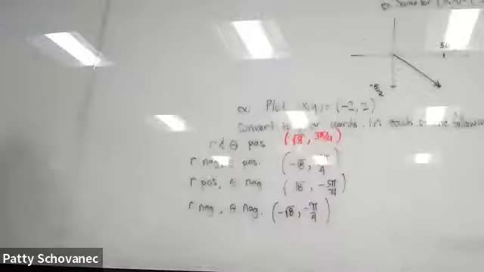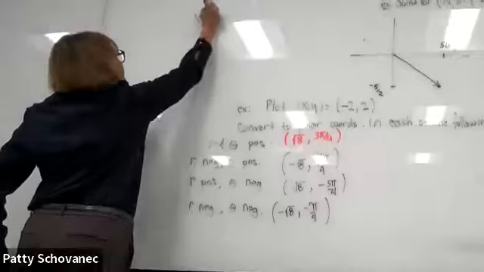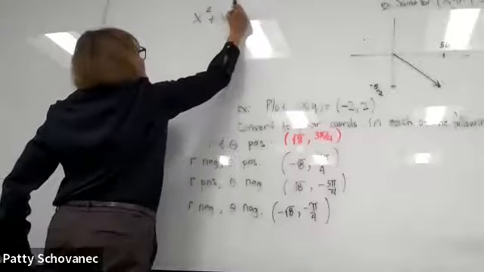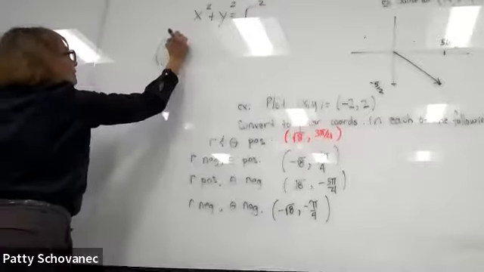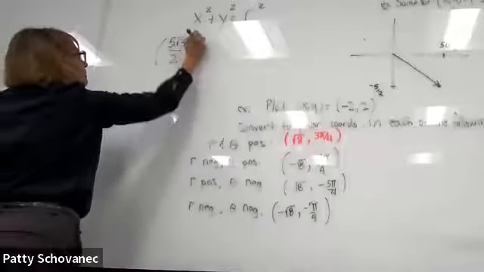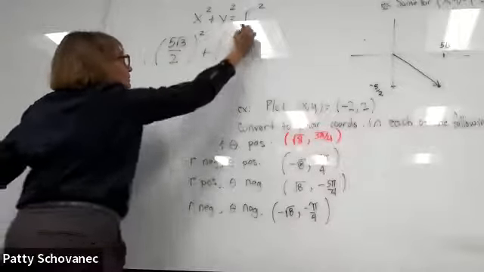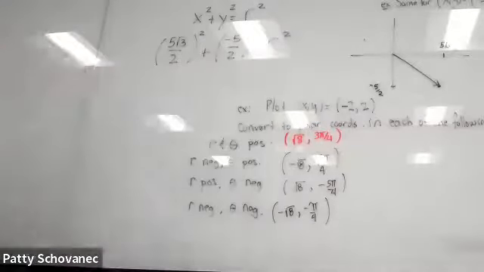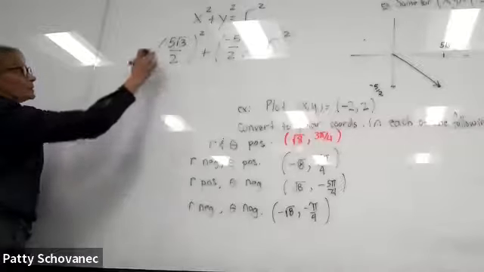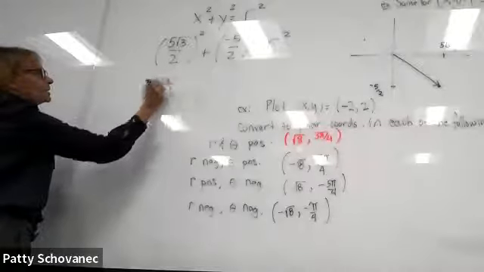Anybody have an r that we can check? 5. When I square 5 square root of 3 over 2, I square each of the terms, so I get 25 times 3 over 4.